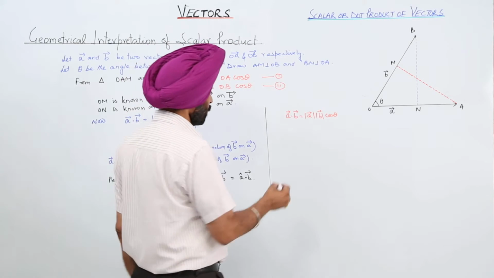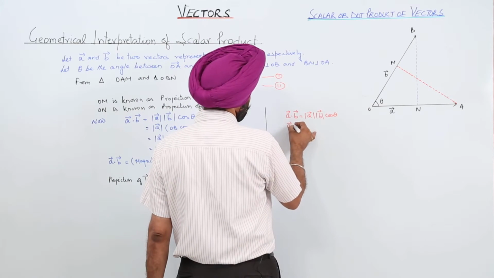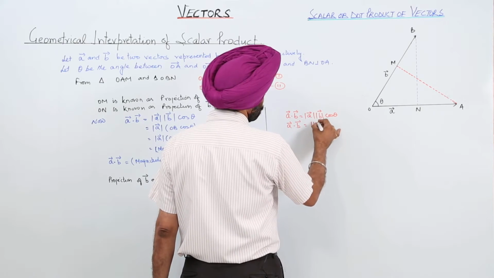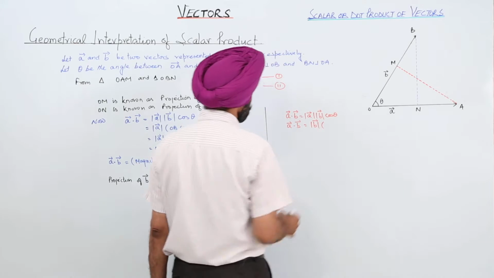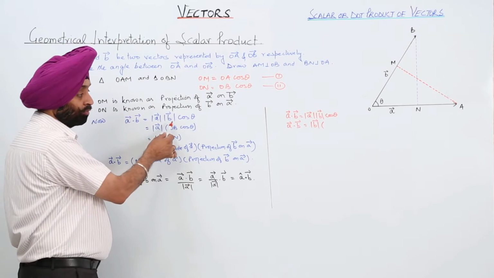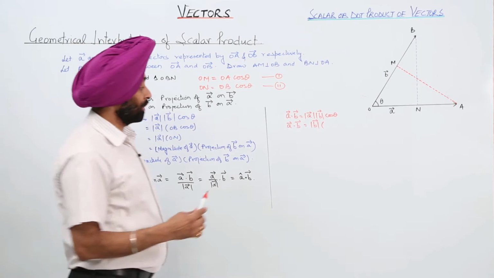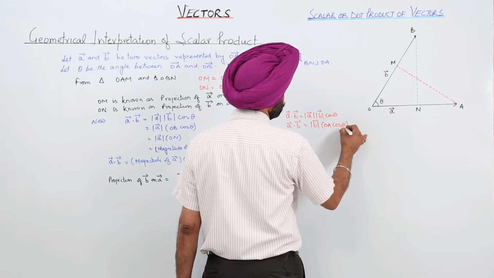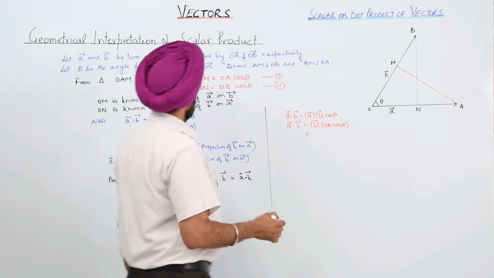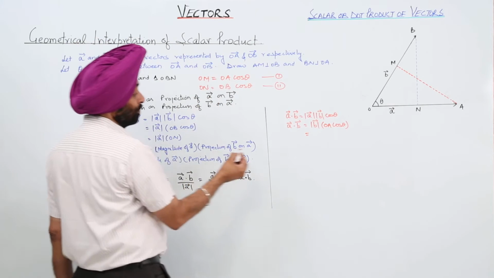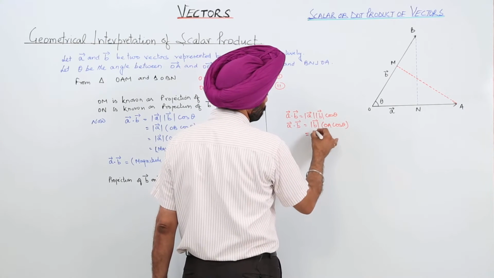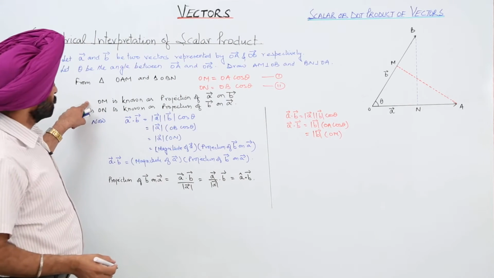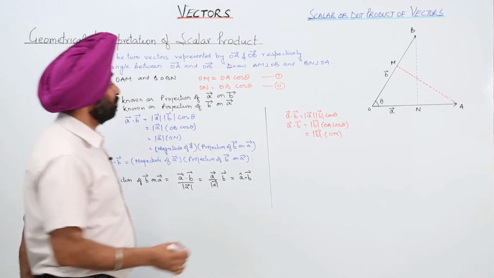Already we have taken magnitude of B, now we take magnitude for A, which is OA cos theta. OA cos theta is OM, and OM is known as the projection of A on B.